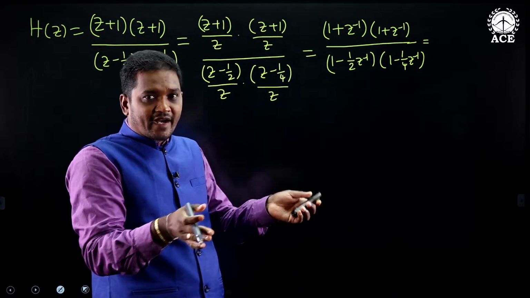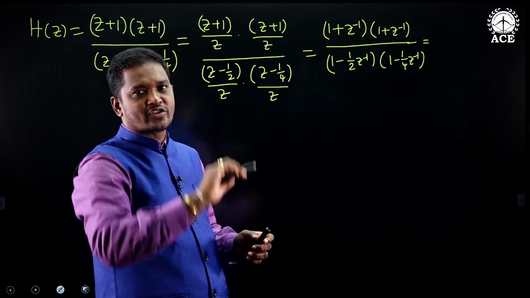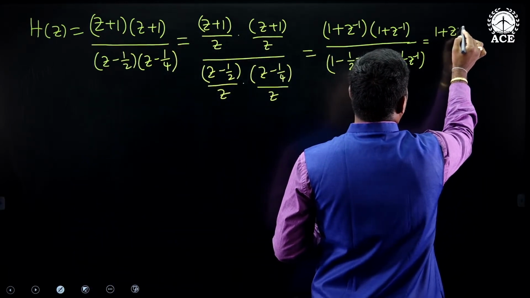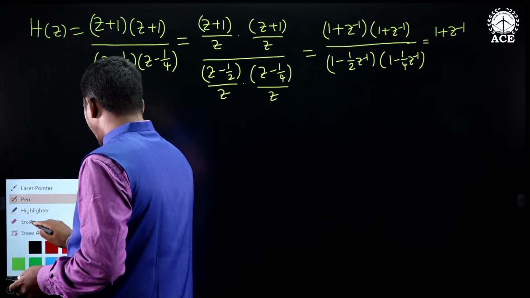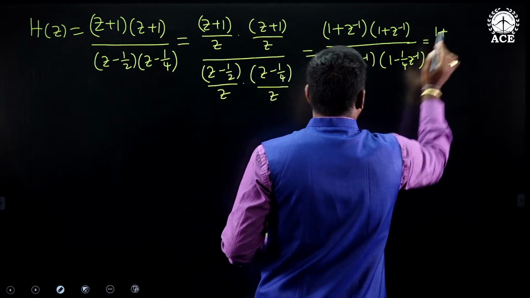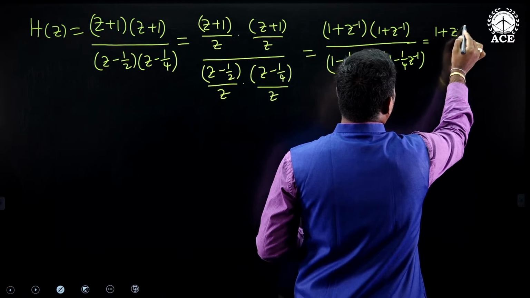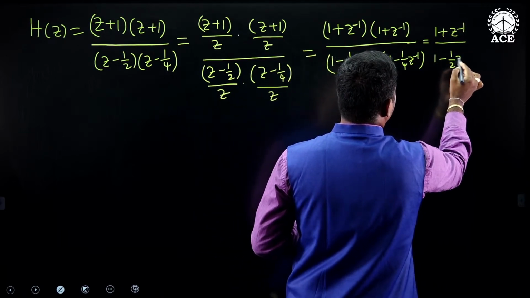After that, just divide. What is cascade form? H of z is equal to h1 of z into h2 of z, right? So, 1 plus z inverse whole divided by, take this one, 1 minus 1 by 2 z inverse.